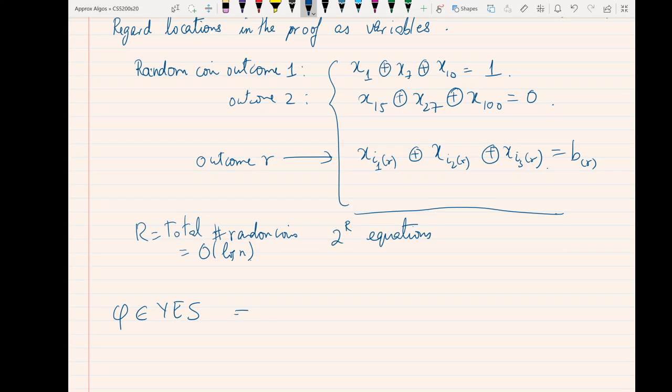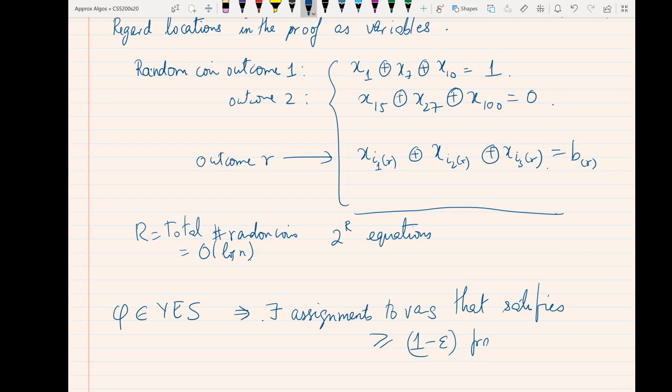is a yes instance, because there exists a verifier, I know that there is a proof. So there is a set of assignments to these variables that satisfies greater than or equal to 1 minus epsilon fraction of the equations.